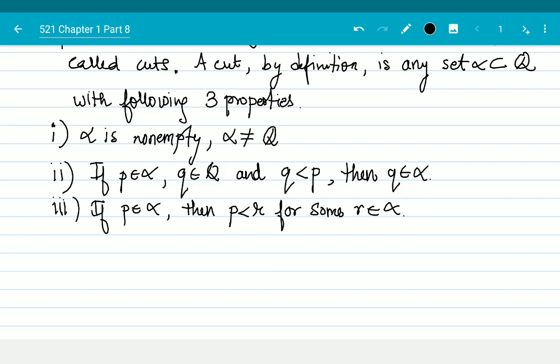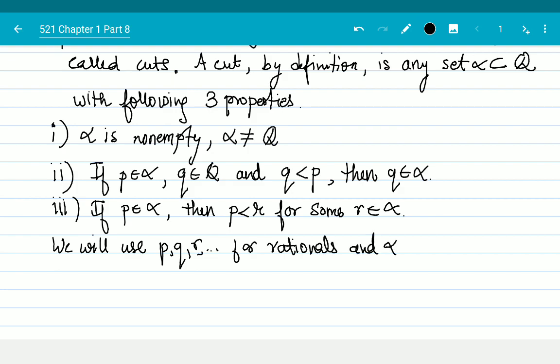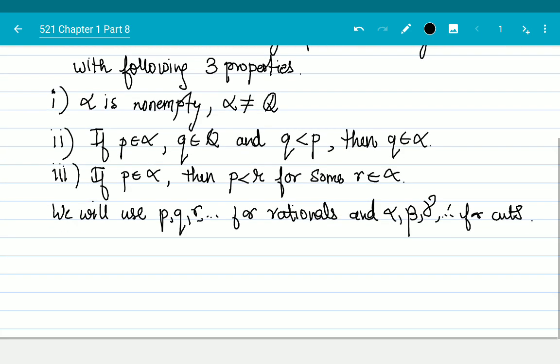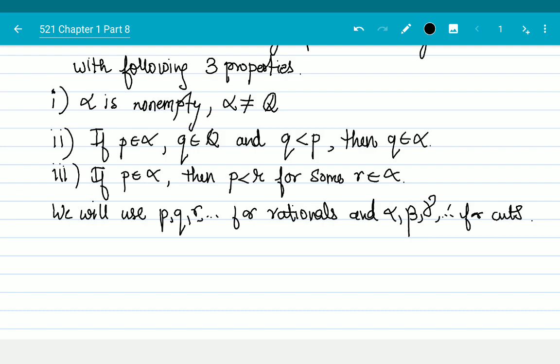Okay, so we will use p, q, r and so on for rationals, and alpha, beta, gamma and so on for cuts. Now, part 3 basically says that there is no largest element in the set.